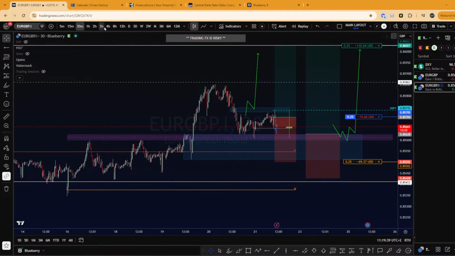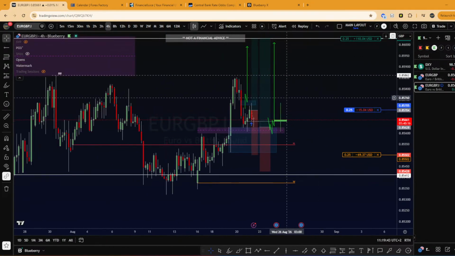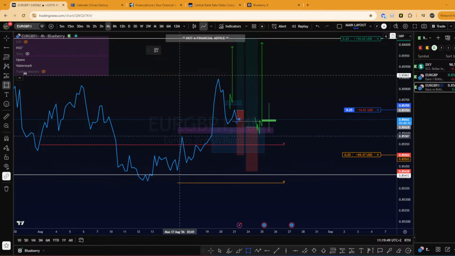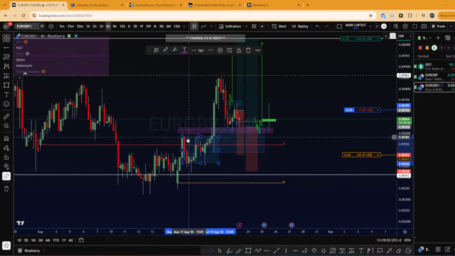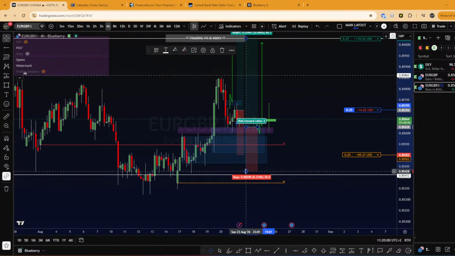So why my stop here? Because if I go to the 4 hour, I will use this as an order block, another order block here, you see. So having a stop just below this order block is okay.